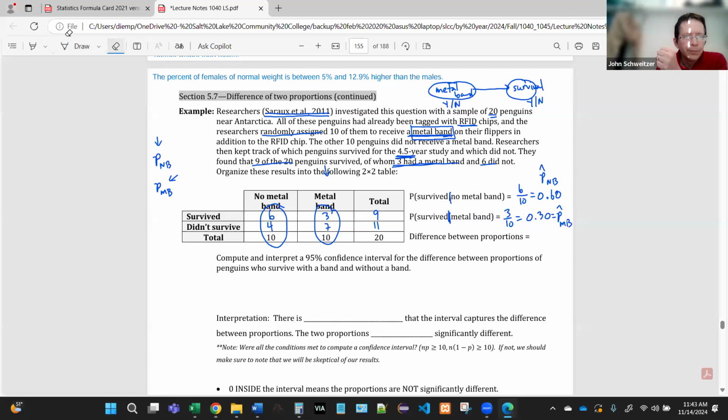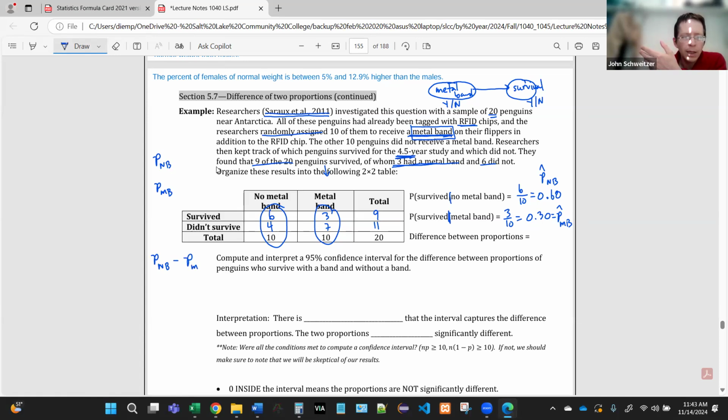So to figure out if the metal band technology is bad for the penguins, we would look at the difference between these two parameters over here, right? So what we really want to do is go P no metal band minus PMB. And if there's any difference between those, then that means the metal band is harming the penguins, basically, right?